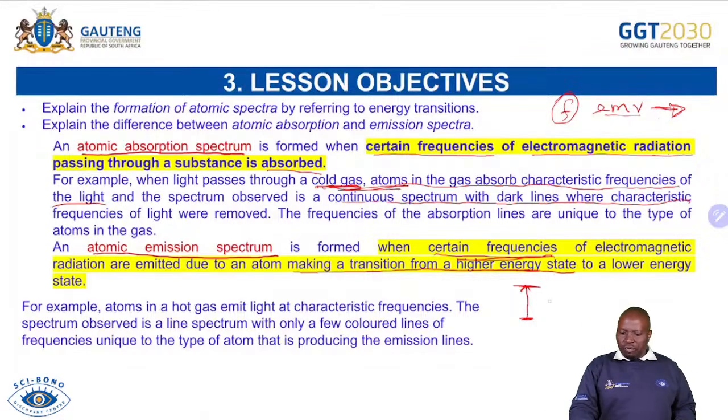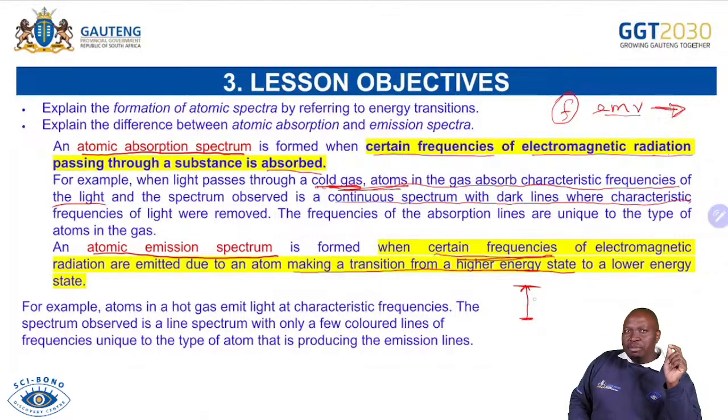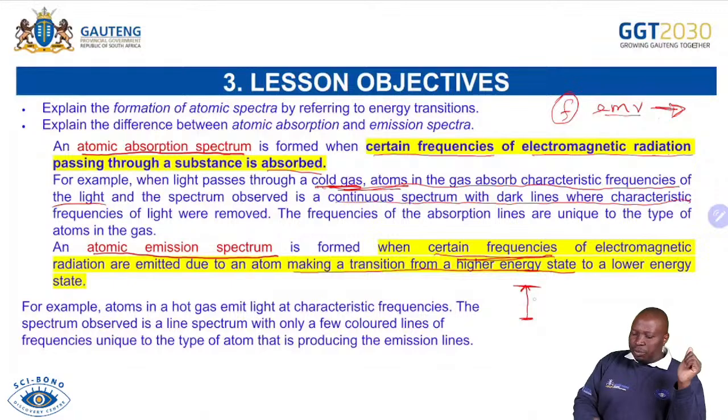But for electrons to move down, they have to emit or release the same amount of energy. So the atomic emission spectrum is formed when certain frequencies of electromagnetic radiation are emitted due to an atom moving from a higher energy level to a lower energy level.